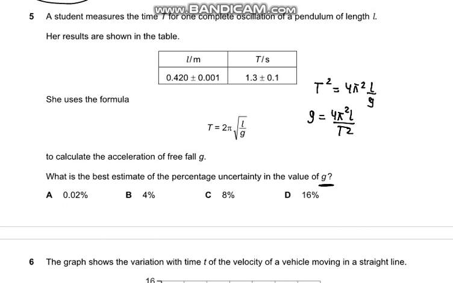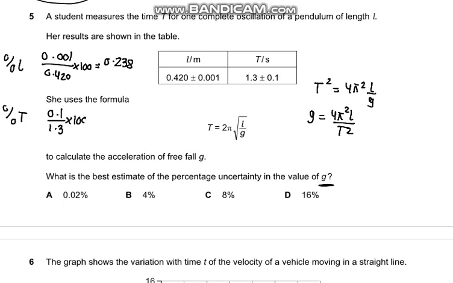The percentage uncertainty in length is 0.001 over 0.420 multiplied by 100, which makes 0.238%. The percentage uncertainty in time is 0.1 over 1.3 multiplied by 100, which gives us 7.7%.